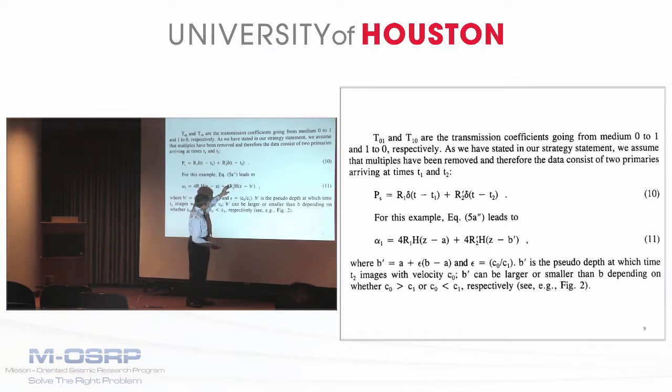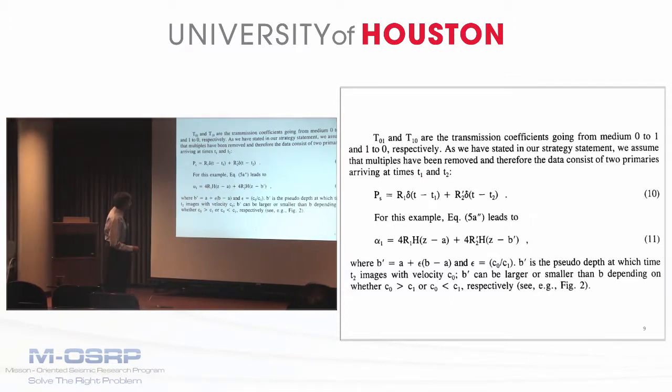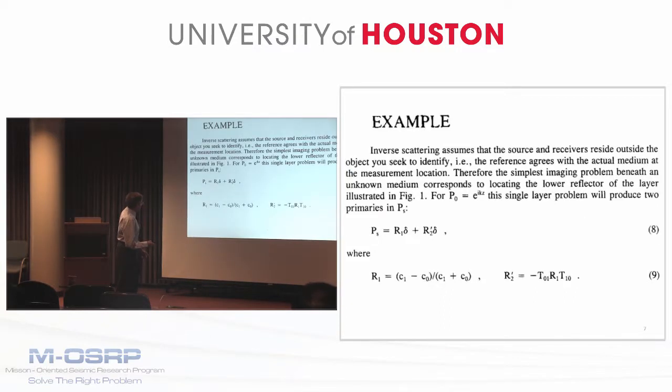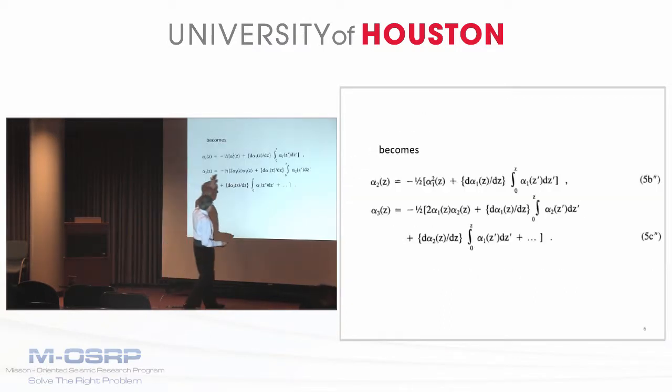It's more than just linear because it has transmission issues in there. And this is mislocated at B prime, too shallow, if C0 is smaller than C1. When you put that alpha 1 in this alpha 2 equation, you get the following.